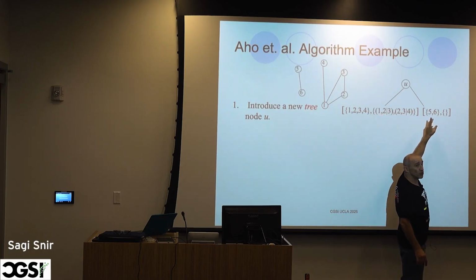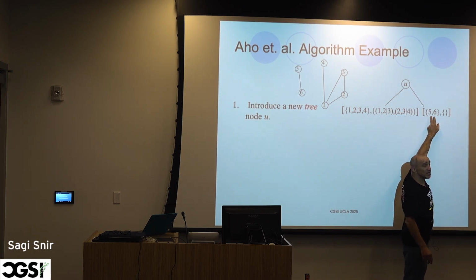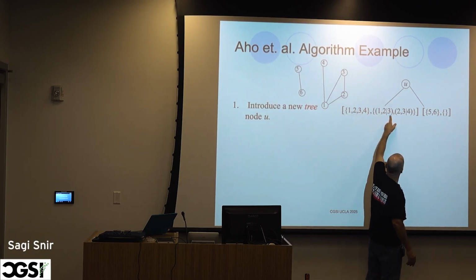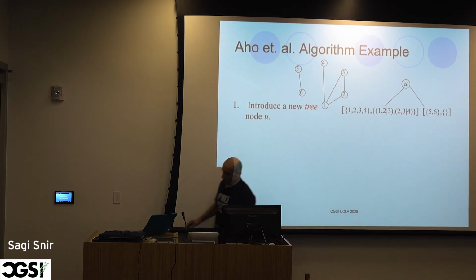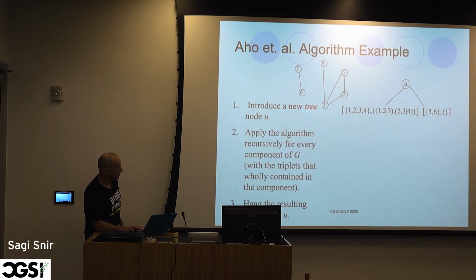A connected component is again, recursively, the species set and the triplets, the phylogenetic signal. Empty set here, and here this is the species set and the phylogenetic signal, the triplets that go into here. Okay, let's continue. On the right, we just hang 5 and 6.